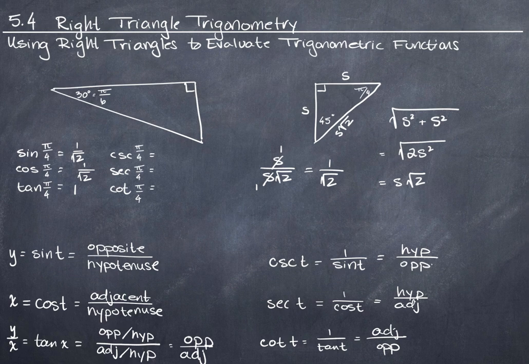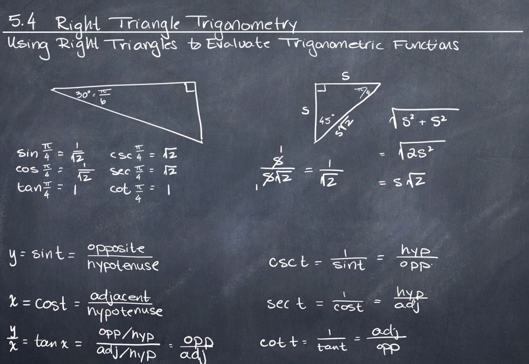Now I'm going to go use the other reciprocal functions, and cotangent is 1 over tangent, so I get 1 over 1, which is 1. Secant is 1 over cosine, so I get root 2 over 1, which is just root 2, and cosecant is the same because sine and cosine are the same, so secant and cosecant will also be the same.